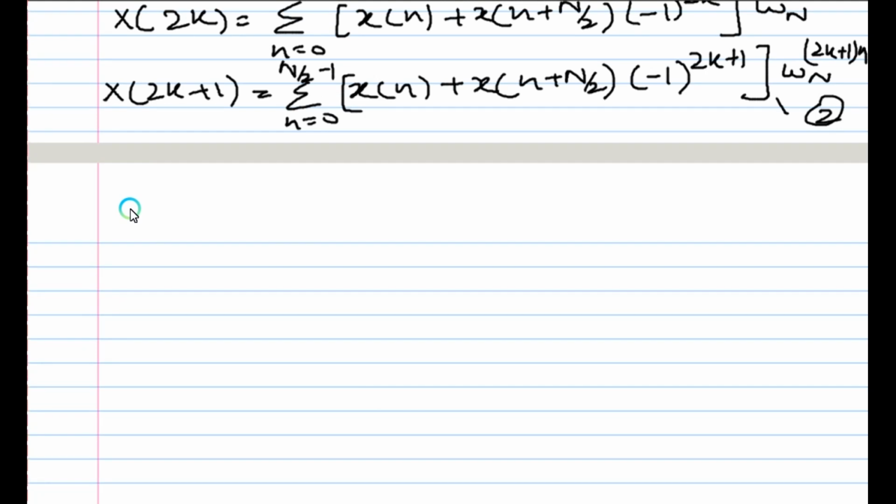So now, in the case of x of 2k and x of 2k plus 1, what is the range of k?